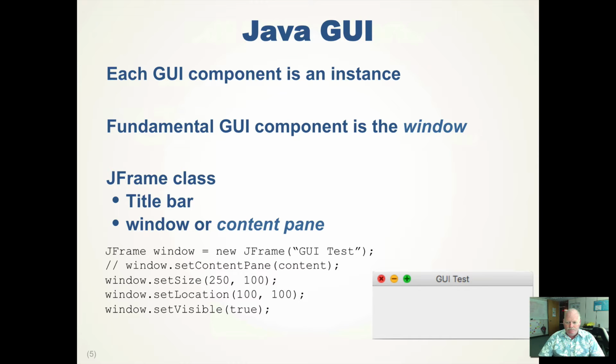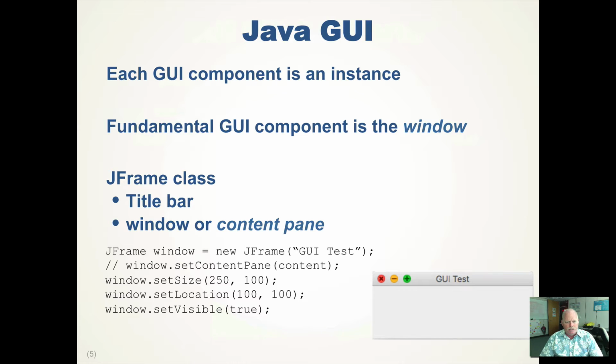Windows have a frame around them, they have a title bar, and then they have a place to put the content of the window. In Java, the window is represented by the JFrame class. Again, that's in the javax.swing package. The JFrame has a title bar and then the window where you can stick other components to build your GUI.